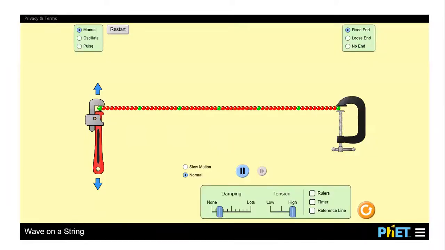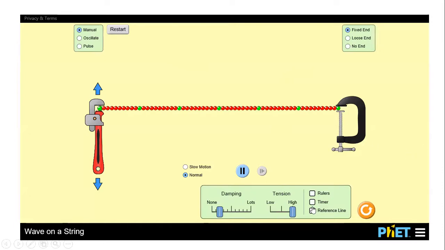Okay, now in this simulation, it says manual, oscillate, pulse, fixed end, loose end, no end. Here, two ends are fixed. You can see both the ends are fixed. This is the end which is fixed. This is another end where you have clamped the beads, you can see, right?